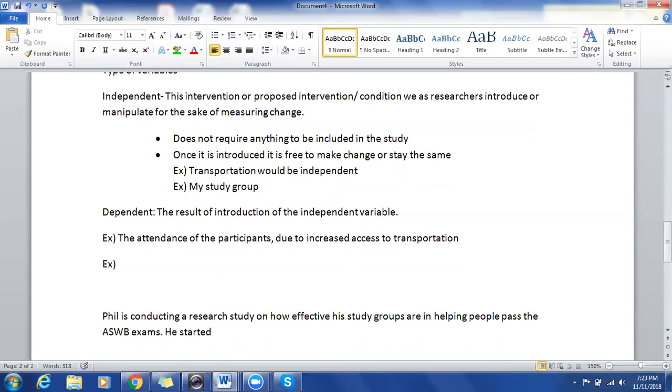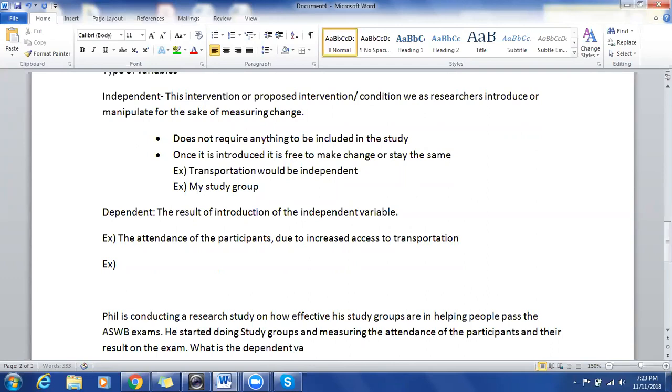He started doing study groups and measuring the attendance of the participants and the result on the exam. What is the dependent variable?